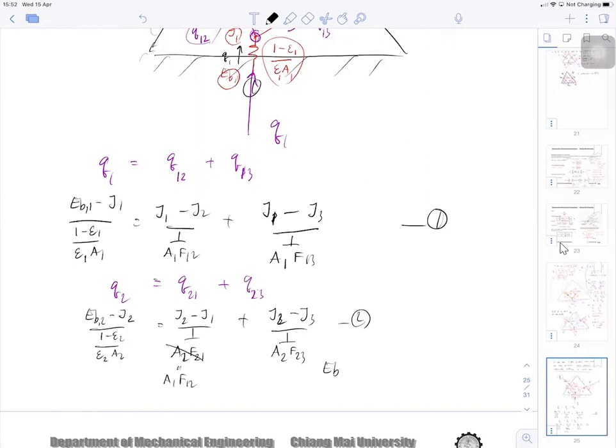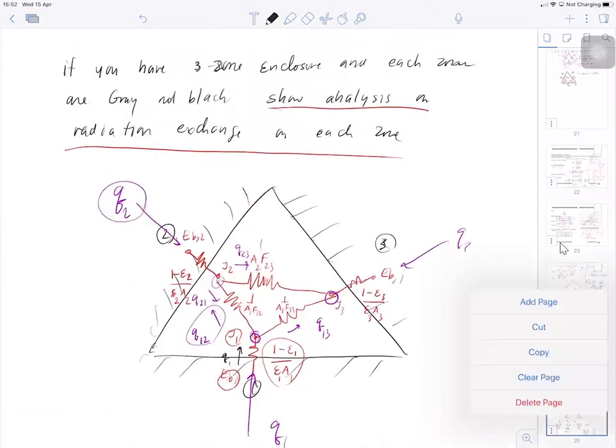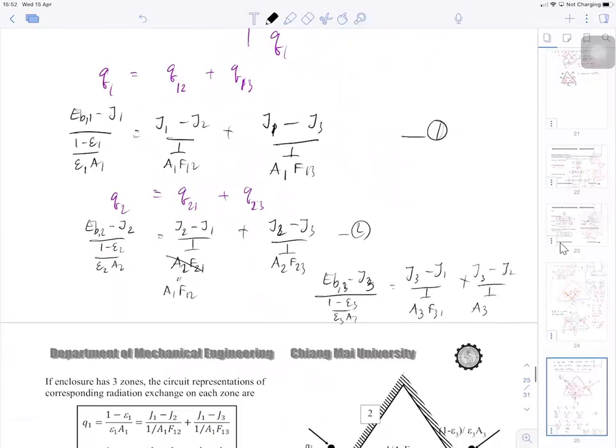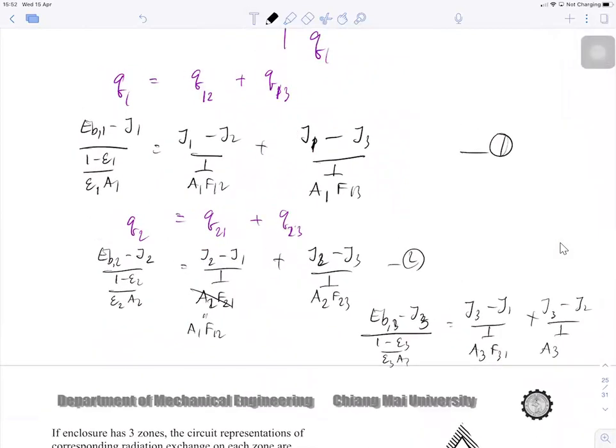And you do the same for the third. EB3 minus J3 over (1 minus epsilon 3) over epsilon 3 A3 equals J3 minus J1 over 1 over A3 F31, plus J3 minus J2 over 1 over A3 F32. Okay, you're going to get the third equation.